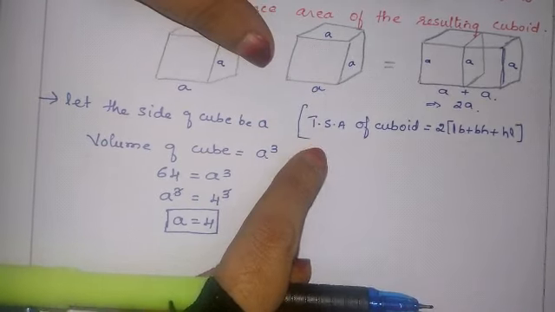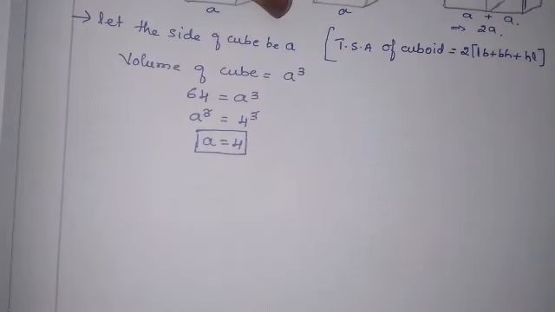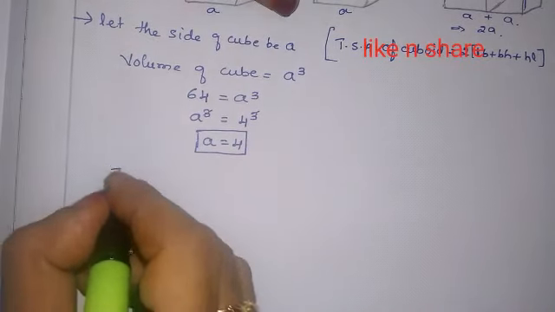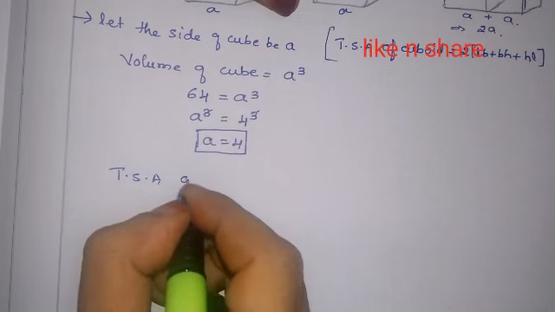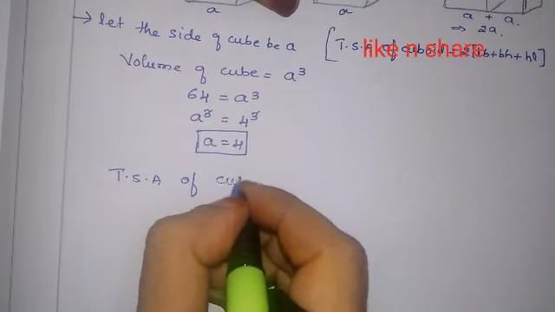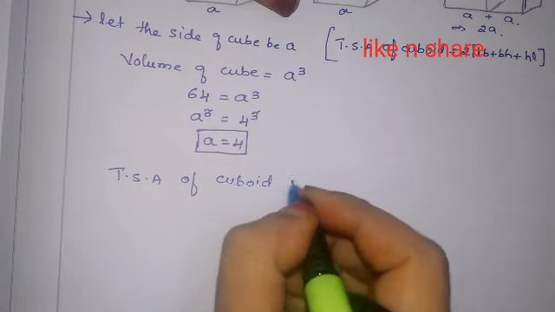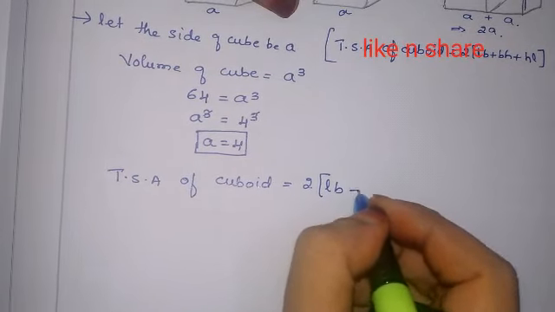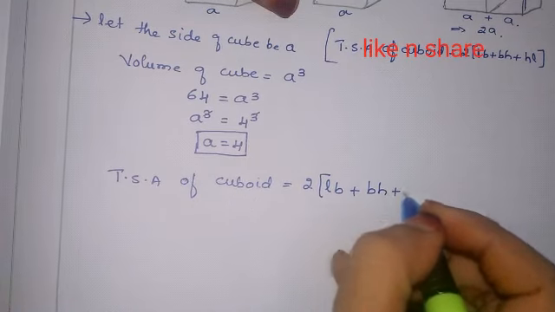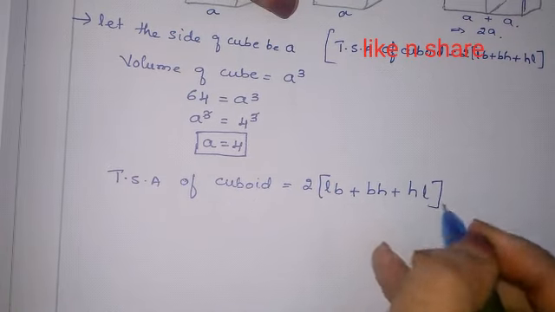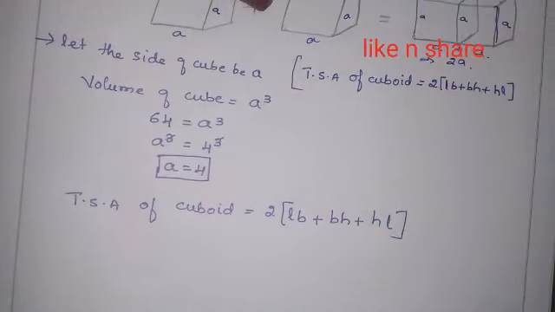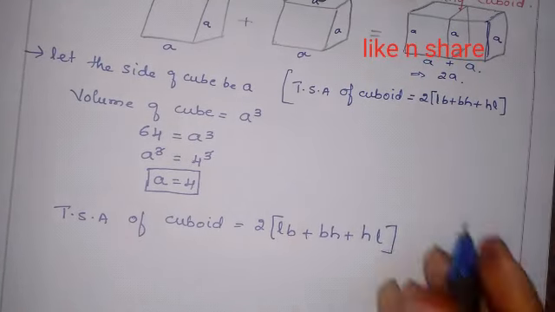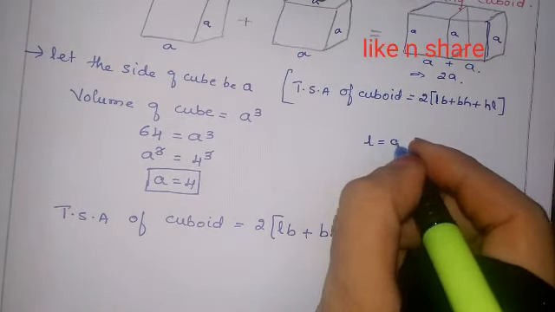I will write the total surface area of the resulting cuboid. It is 2 into length into breadth plus breadth into height plus height into length. But first we need to know the given things. Length will be A only.